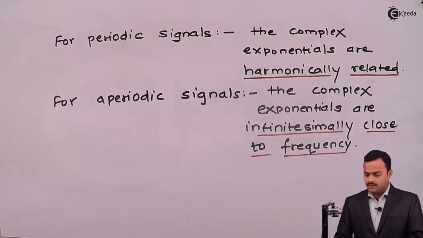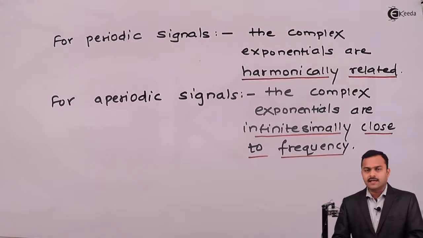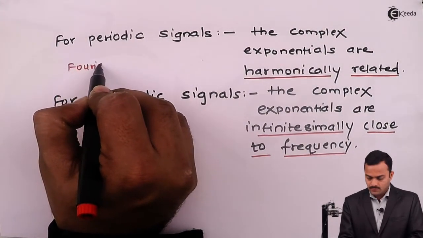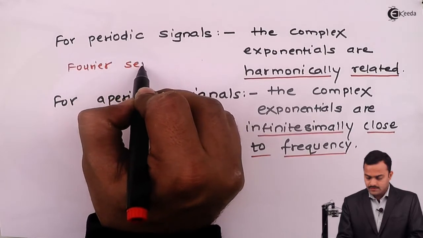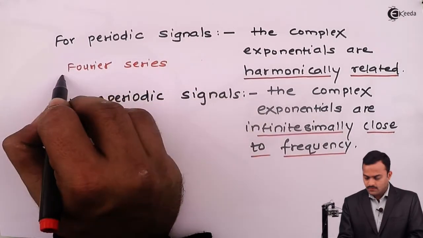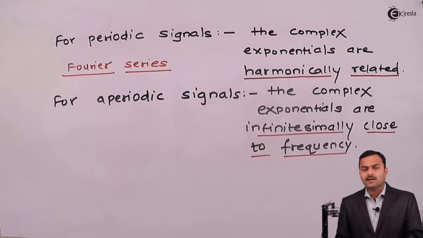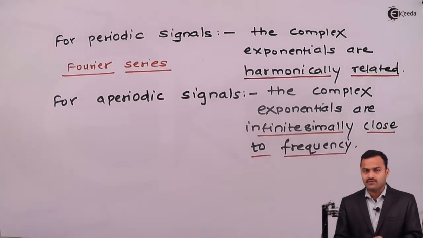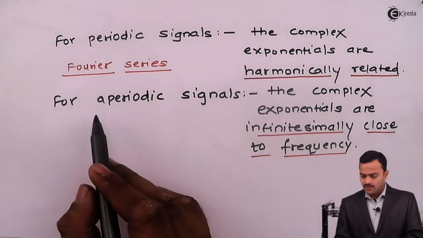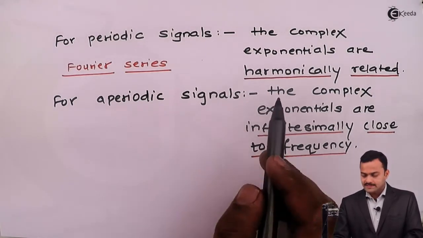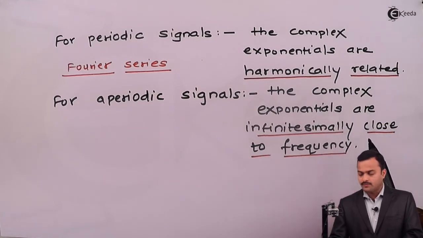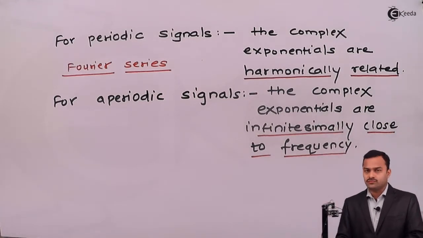So for the Fourier series, we get integer multiples of a fundamental frequency, which are far away from each other. But for aperiodic signals, the same thing can be written so that the complex exponentials are very close in frequency.